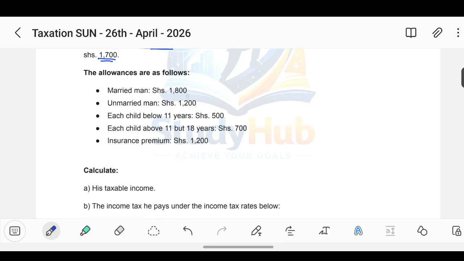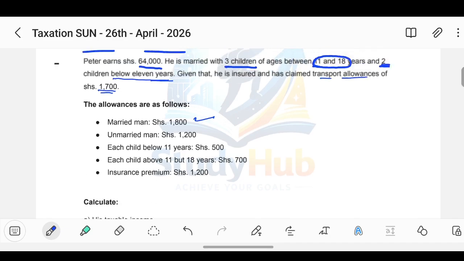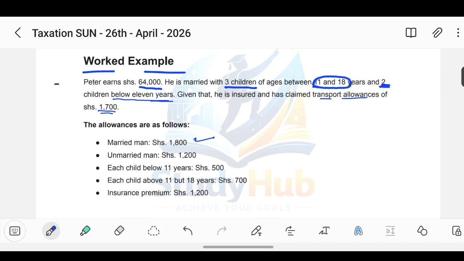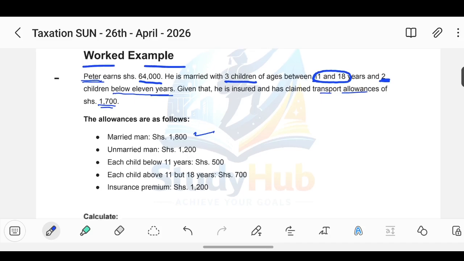If the man is married, he gets 1,800 as the allowance for being married. If he's unmarried, gets 1,200. But as of now, Peter is married.